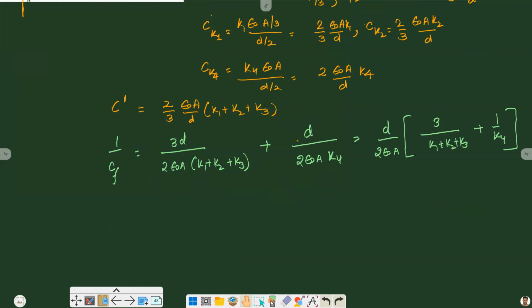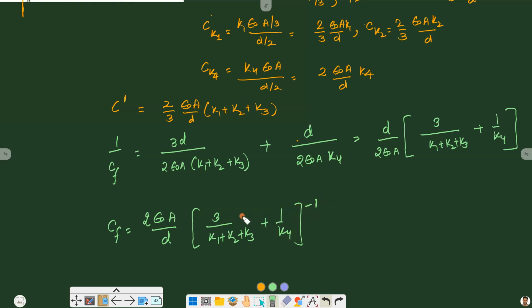From this we can write that CF, C final, will be 2 epsilon node A by D, and the inverse of 3 by K1 plus K2 plus K3 plus 1 by K4, inverse of this.